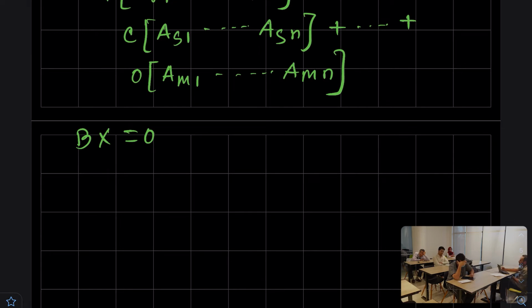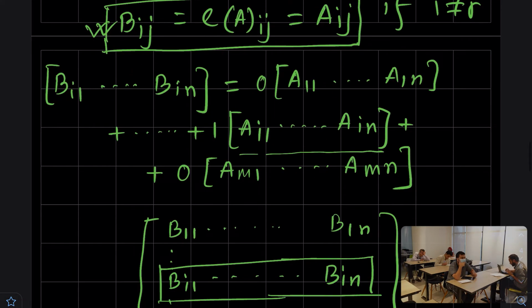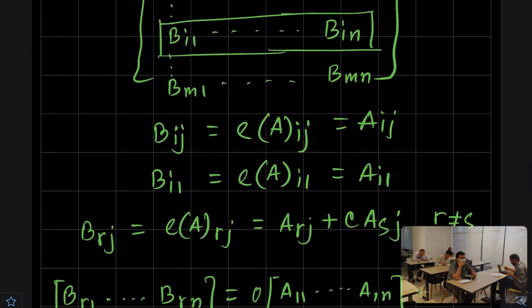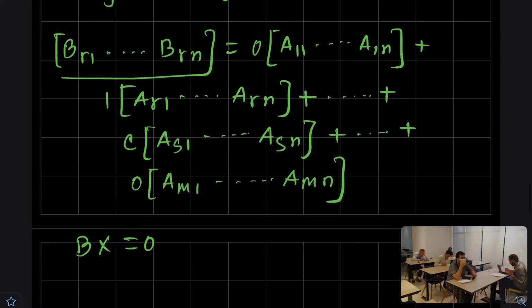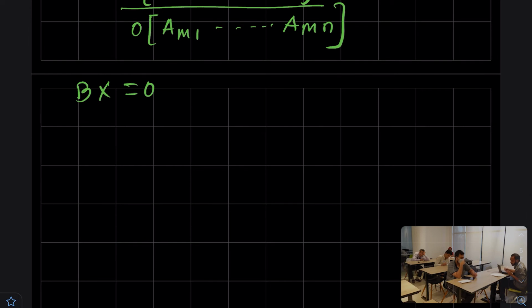Why is Bx equal to 0 a linear combination of the system Ax equal to 0? Because from this you are seeing this and this, right? So that means Bx equal to 0.